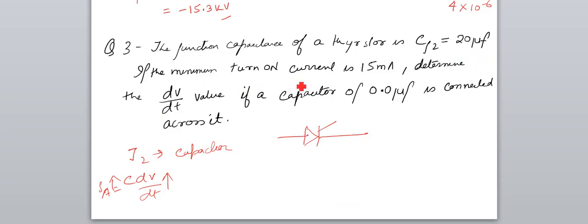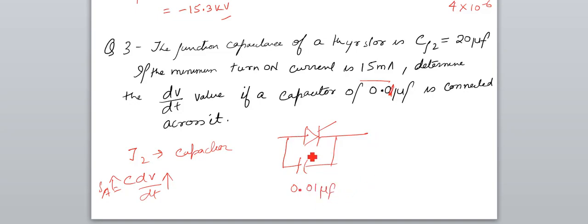If the minimum turn on current is 15 milliampere, determine the dV by dt value if a capacitor of 0.01 microfarad is connected across it.